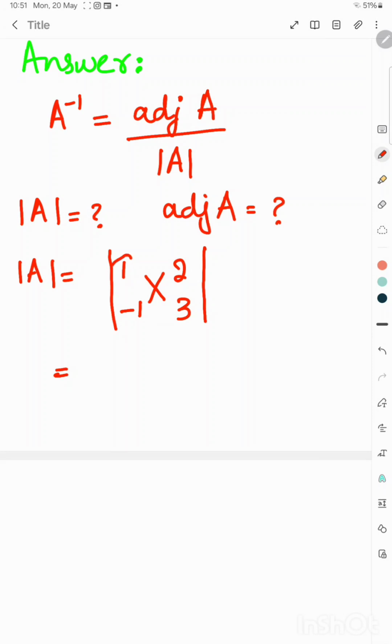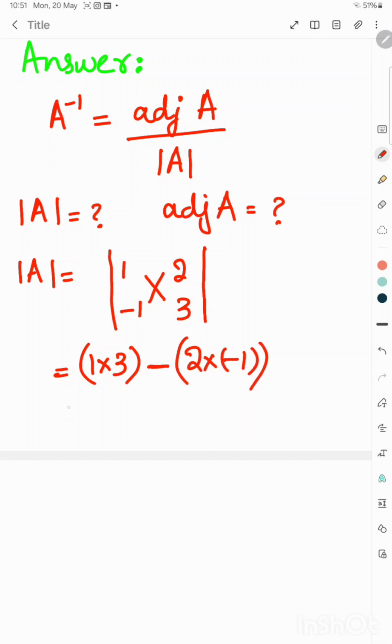As you can see, the first number is 1 and the fourth number is 3, so I will write 1 multiplied by 3, and there will always be a negative sign between them. The second number is 2 and the third number is minus 1, so I will write 2 multiplied by minus 1.